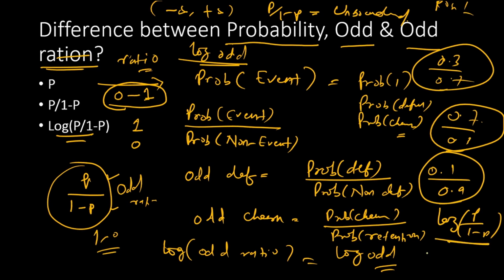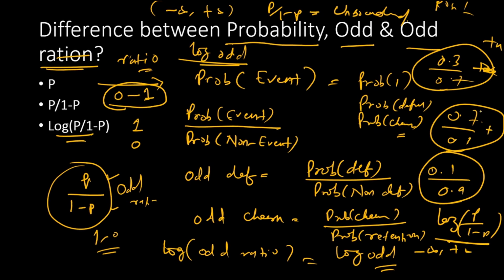this value can be between minus infinity to plus infinity. Why so? When you take logarithm of a fraction, it is going to be negative, right? So like in this case, if you take a logarithm of this, it is going to be positive. When you take logarithm of this, in this case it's going to be negative, and in this case it is going to be positive.